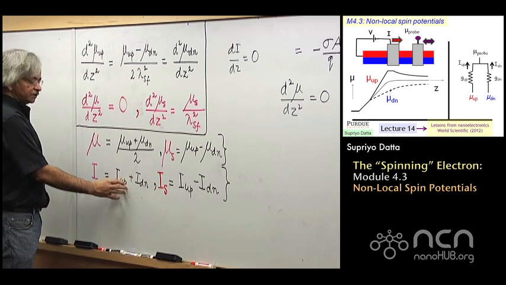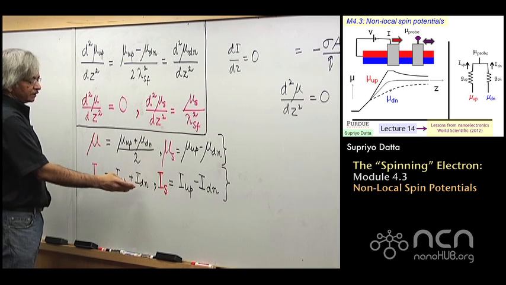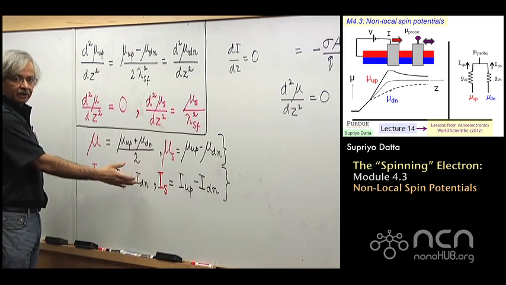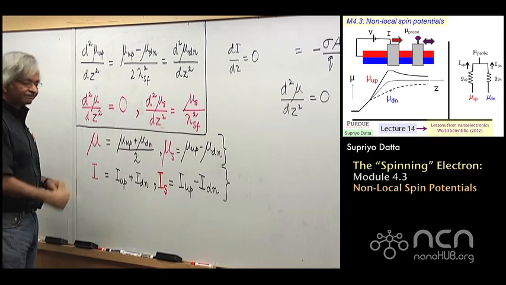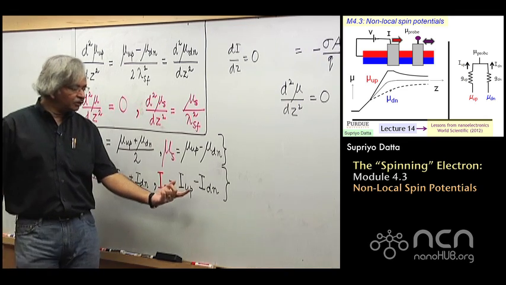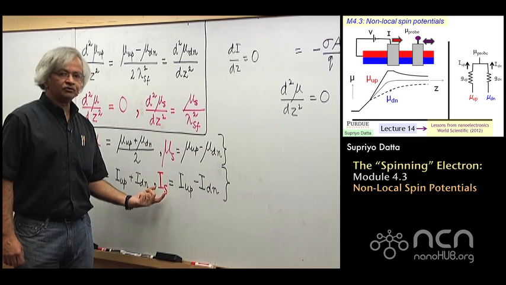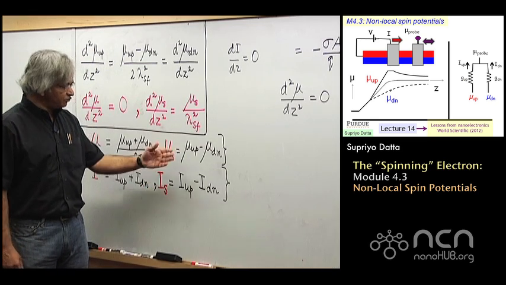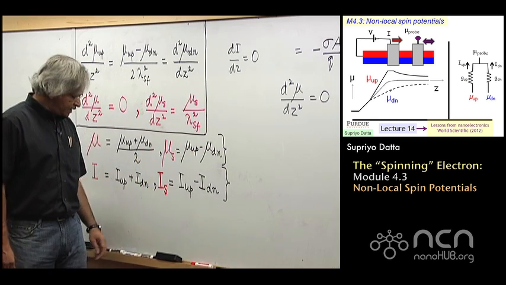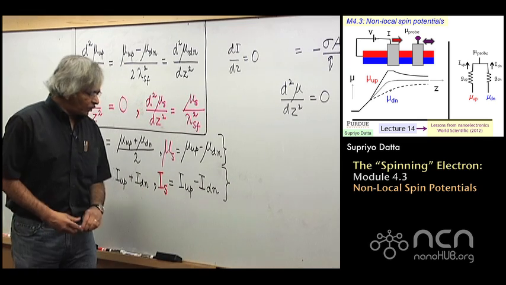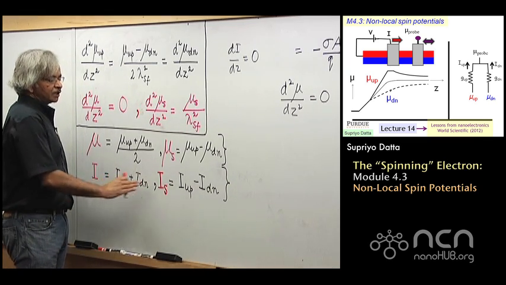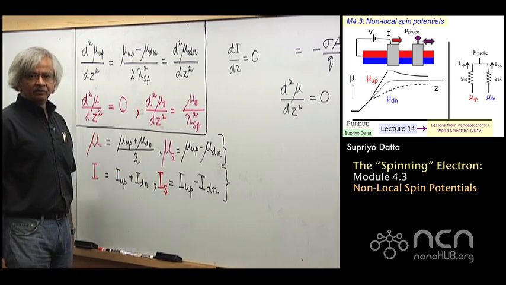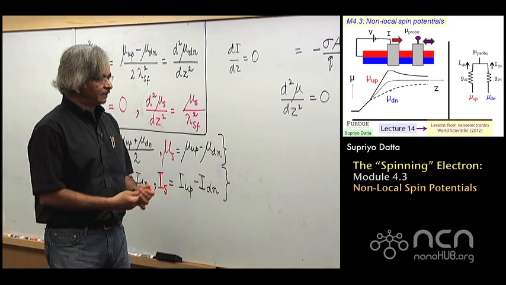If you're looking at current, you'd look at the up current and the down current, add them up, and call that the total current, the charge current, the usual one we talk about. On the other hand, if you looked at their difference, that's what you'd call the spin current. And the same with potentials. One way to think about why, when you add them, it's charge, and when you subtract them, it's spin, is something like this.